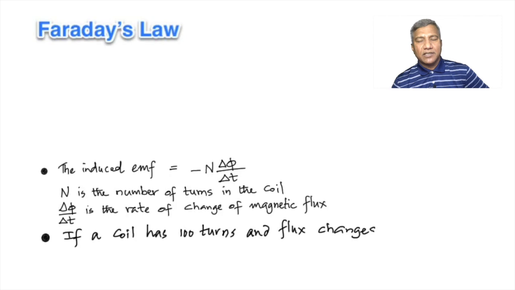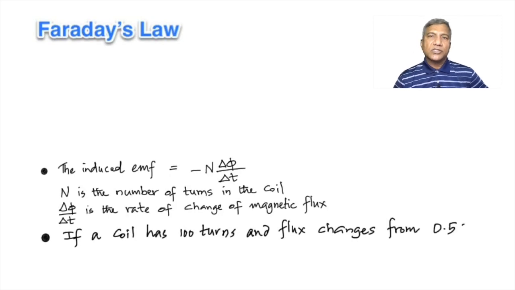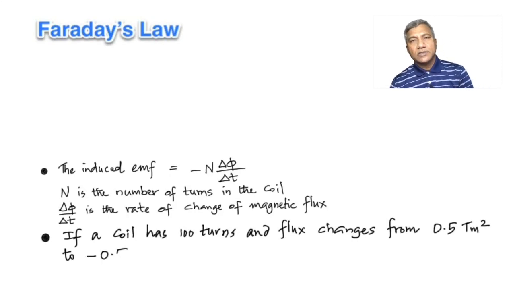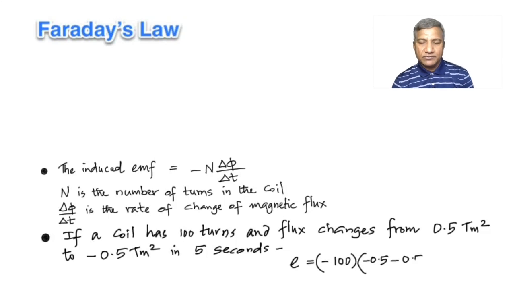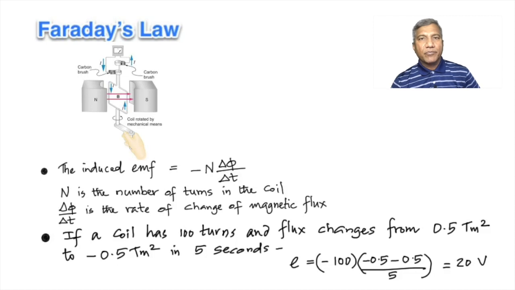A coil has 100 turns and the flux changes from 0.5 Tesla meter squared to negative 0.5 Tesla meter squared in 5 seconds. What is the induced EMF? Right there. Now be careful. The change in the magnetic flux is actually 1 or negative 1.